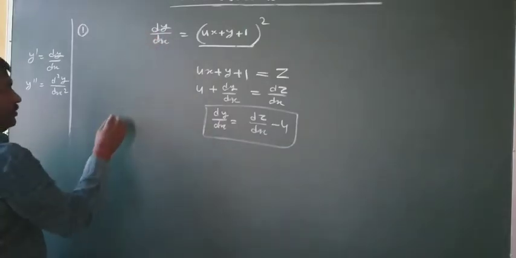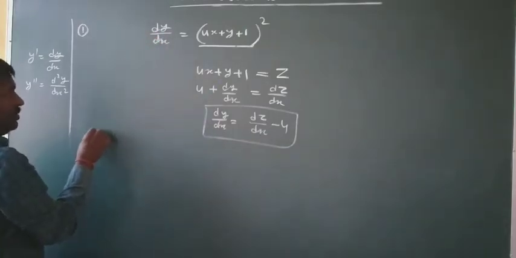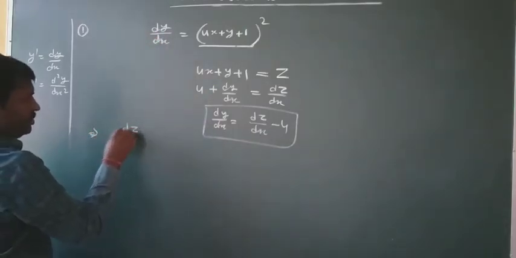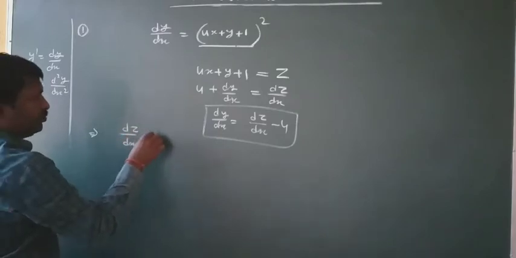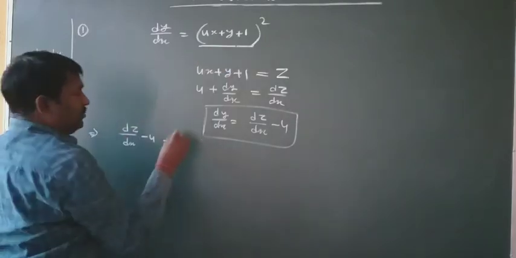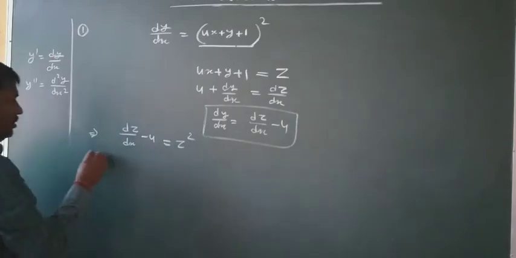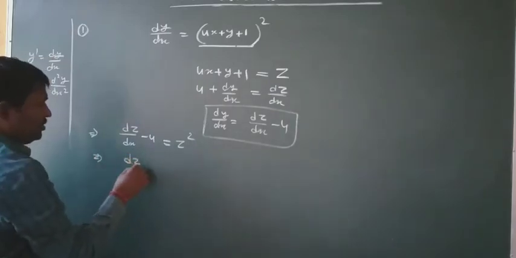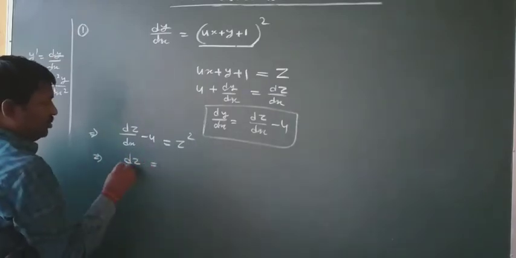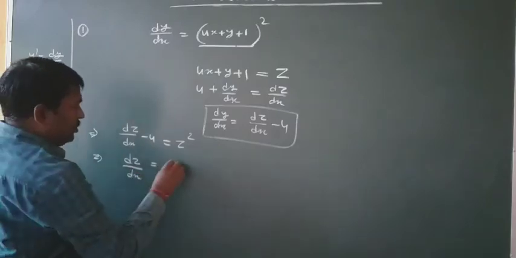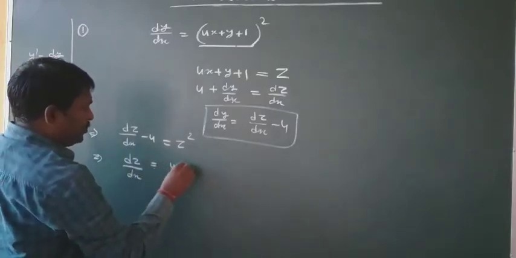Now in place of dy by dx, it is dz by dx minus 4 is equal to, in place of this, z square. It implies that dz by dx is equal to 4 plus z square.